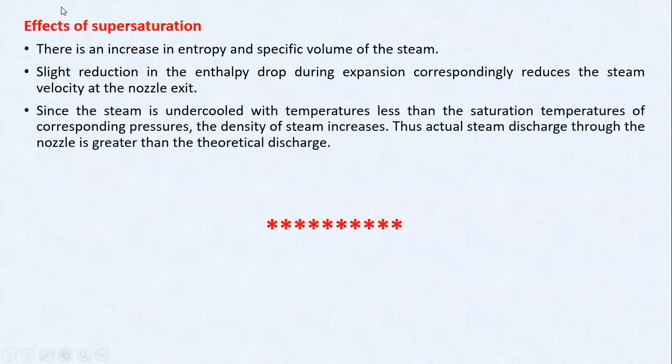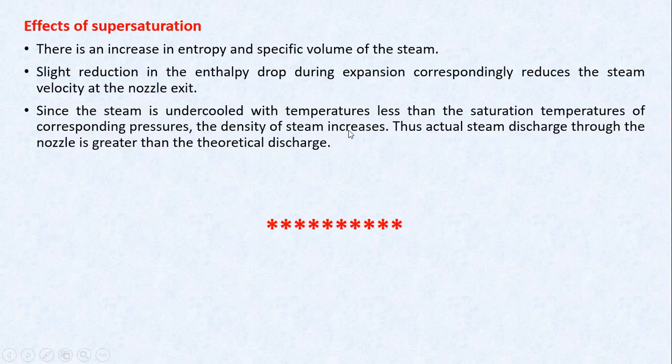Now, at the end, we'll see the effects of supersaturation. It will increase the enthalpy and specific volume of the steam, as we dealt with earlier. There will be a slight reduction in the enthalpy during expansion, so correspondingly the steam velocity at the nozzle exit will reduce. Since the steam is undercooled, with temperatures less than the saturation temperatures, the density of the steam increases.